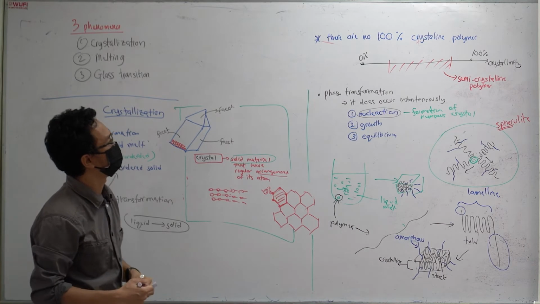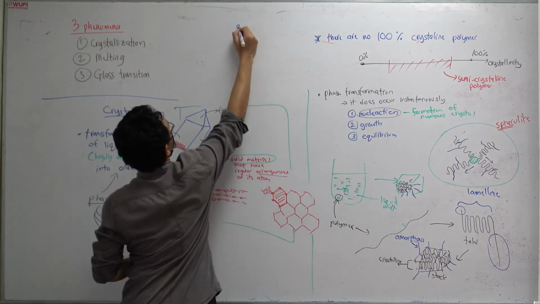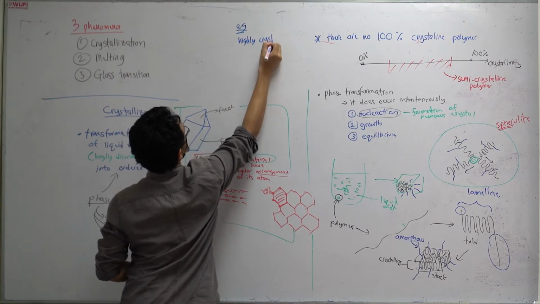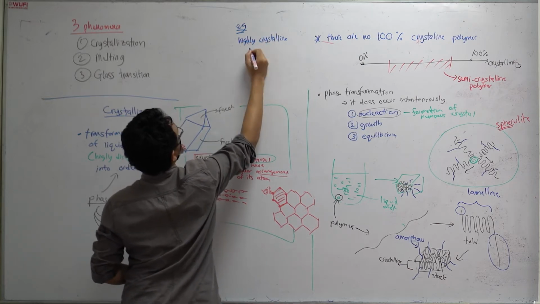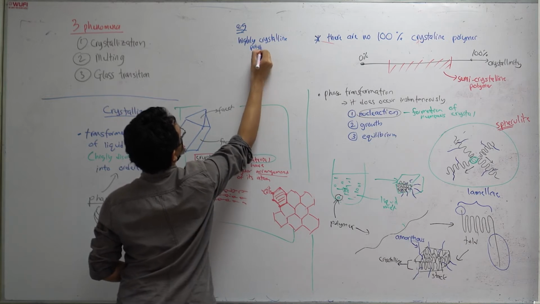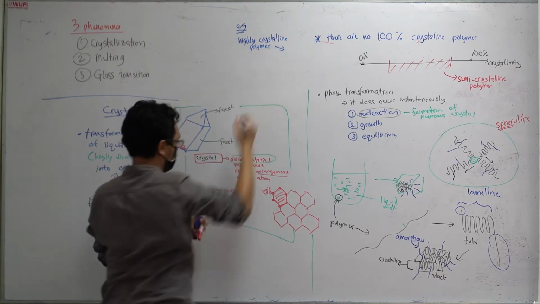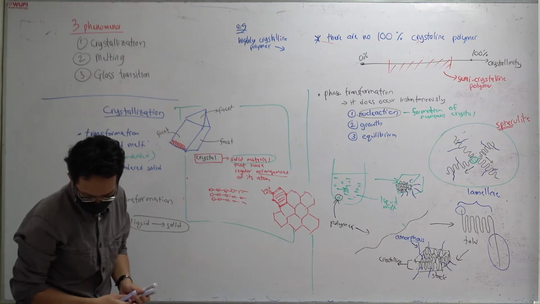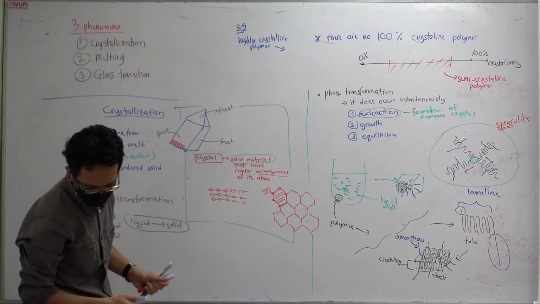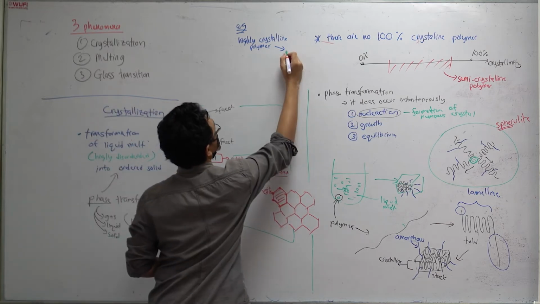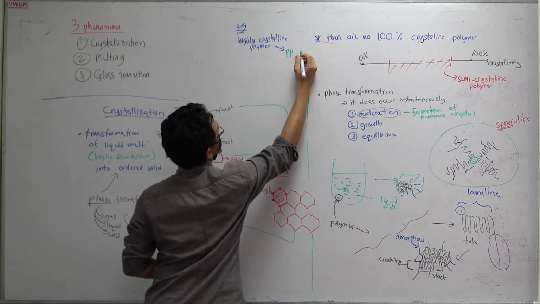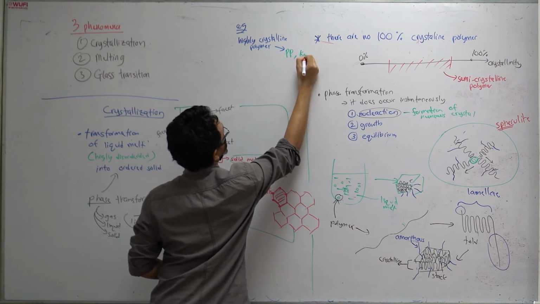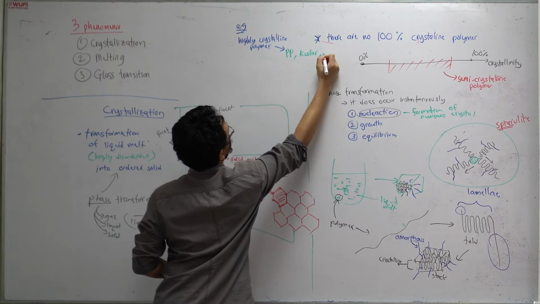So examples of highly crystalline polymer are polypropylene, Kevlar, nylon.